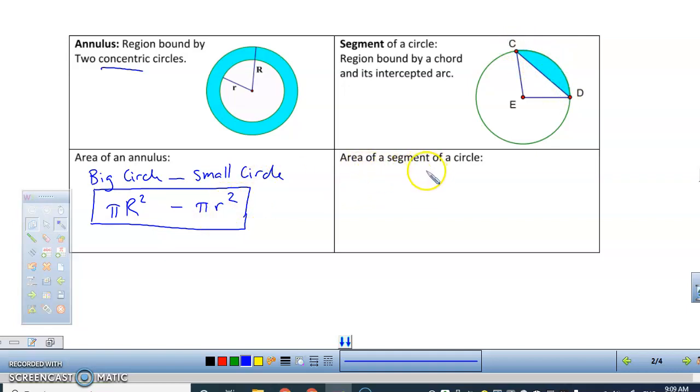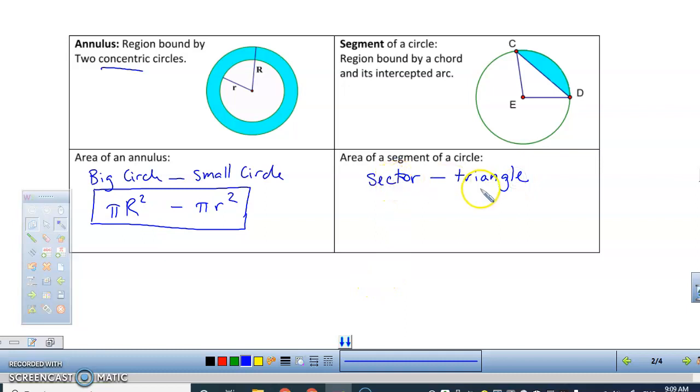Again, I like to write this as words to start with. If you can imagine, we have this sector here, that piece of pizza, and if we find that area, and then we take away the white triangle, that will again leave us with the shaded region.